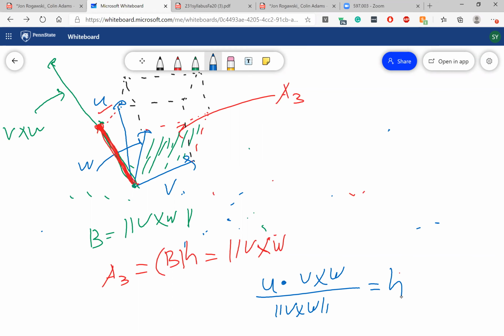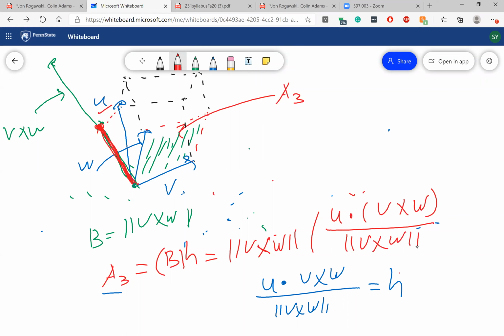So now the area is going to be this over here, times U dotted with V cross W over the magnitude of V cross W. And now these two cancel. So it's going to be U dotted with V cross W.